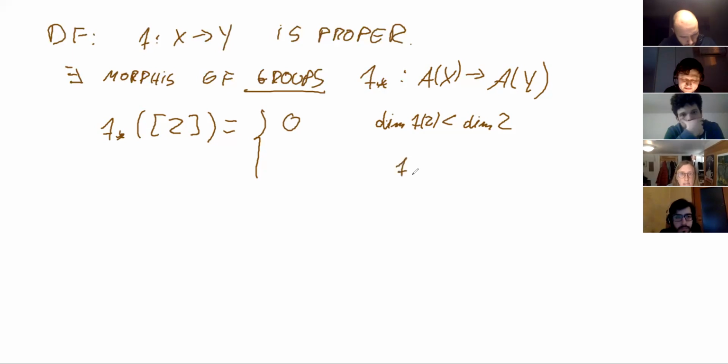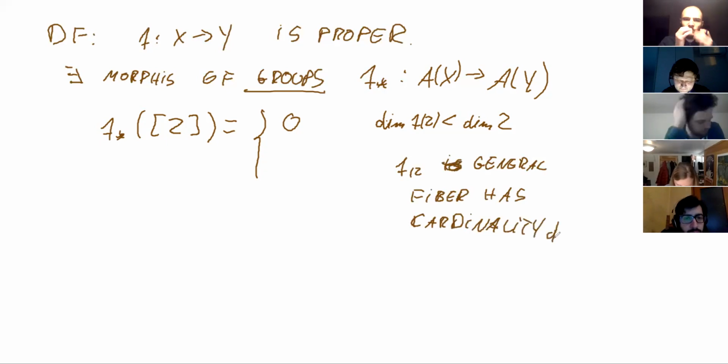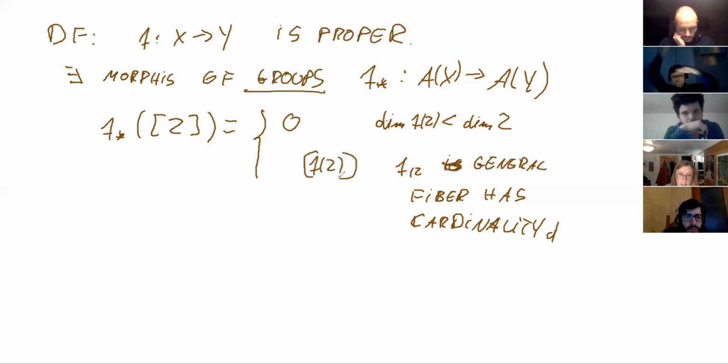So f restricted to Z is generically finite. General fiber has cardinality d. And then we just define it to be the class of f(Z), but because we had it a few times upstairs, we multiply by d.